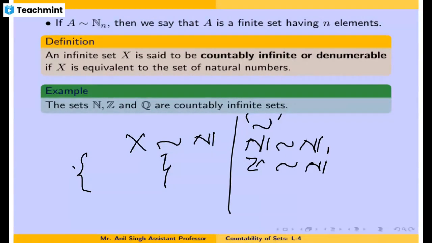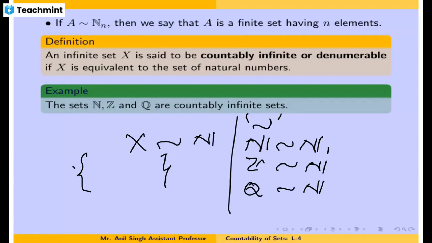And indeed the set of rational numbers is also equivalent. This will be shown later on, but it is part of the assignment also. Since the set of rationals is equivalent to the set of natural numbers, it follows that the set of rational numbers is also a countably infinite or denumerable set.